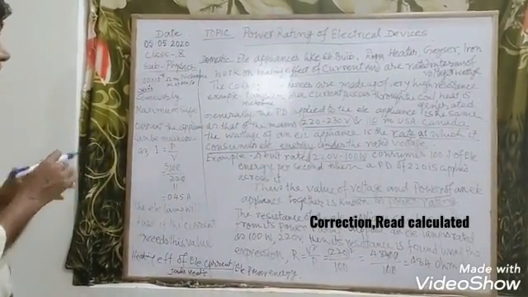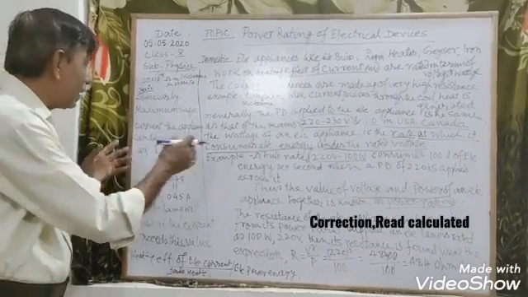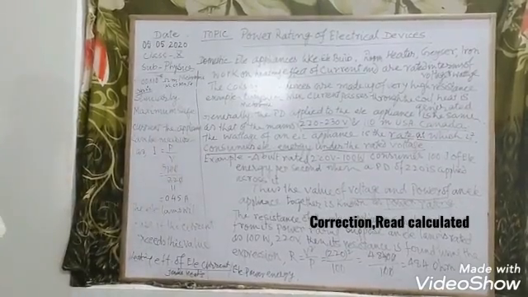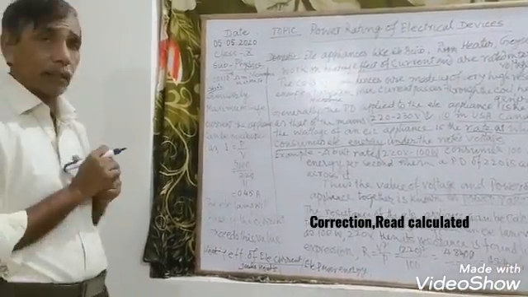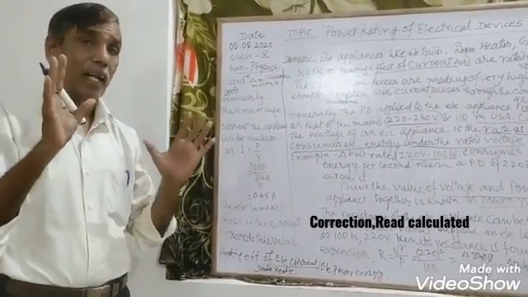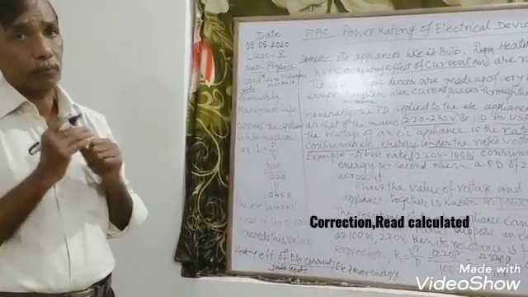Now, one more thing. Similarly, the maximum safe current is whatever current can save the appliance from damaging.